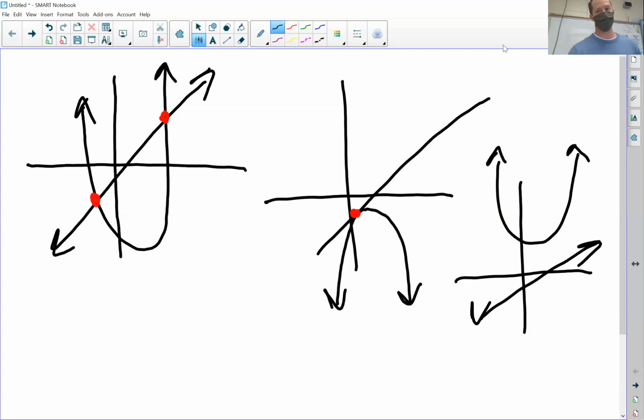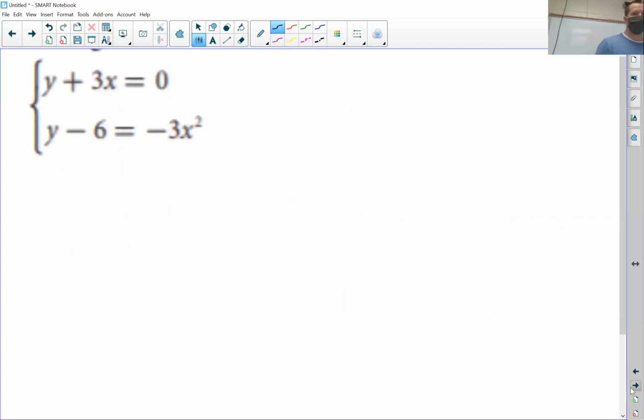Let's look at this first example. Y equals 3x, or y plus 3x equals 0, and y minus 6 equals negative 3x squared. Now, your primary way of doing these problems is going to be substitution.